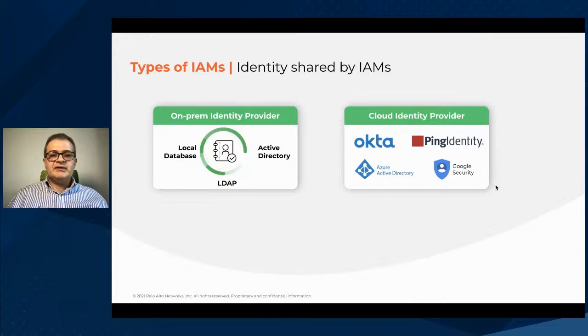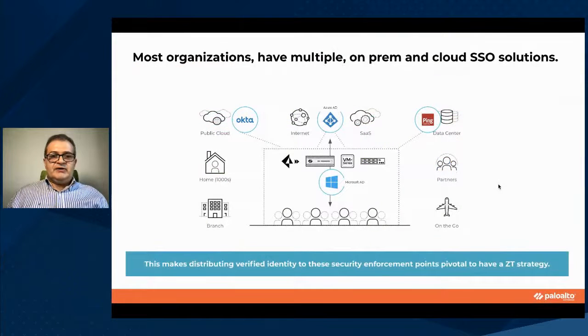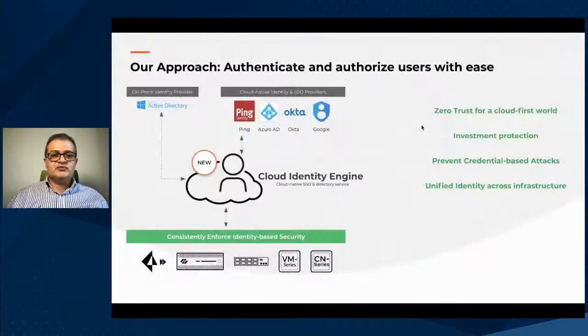So that might cause a bit of a challenge from a security perspective. So we need to be able to understand, when deploying these solutions from an identity perspective, that we need to understand and collect that information from the on premises identity providers as well as from the cloud identity providers. And this is where the Cloud Identity Engine that we talked about last time comes into play.